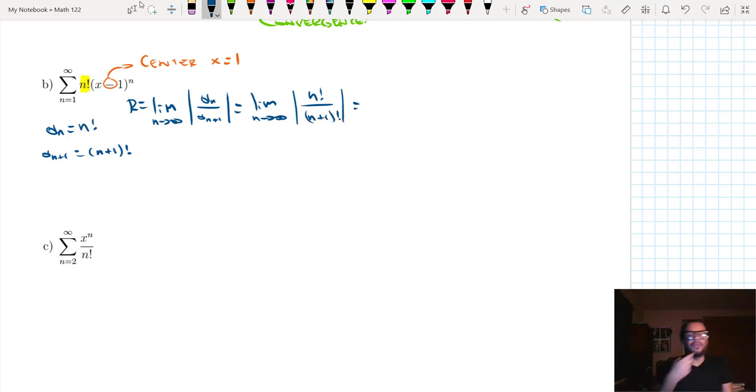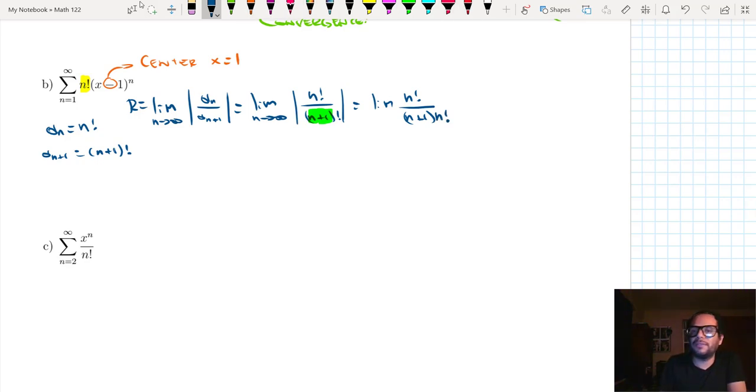I'm going to remove these absolute value bars because we don't need them. So the limit, and I'm going to expand the largest of the factorials, just the same way we did it on the exercises a few pages ago, remember? So this is going to be n plus 1 times n, one less, factorial.